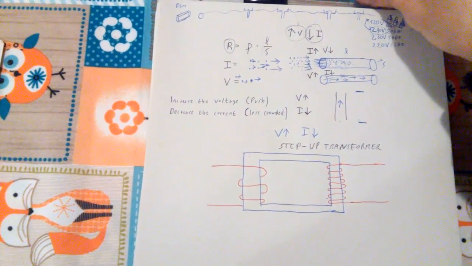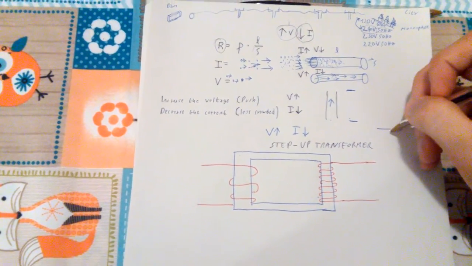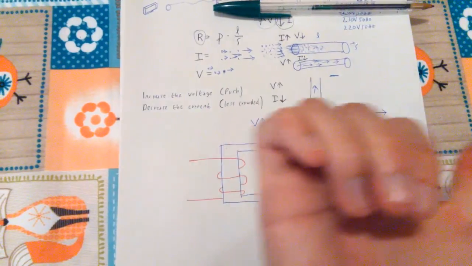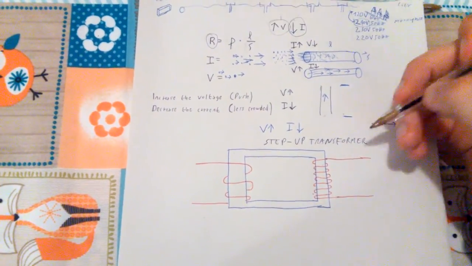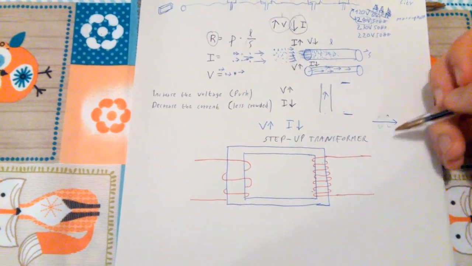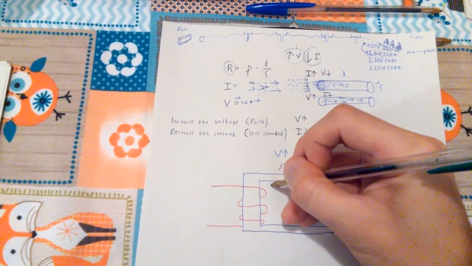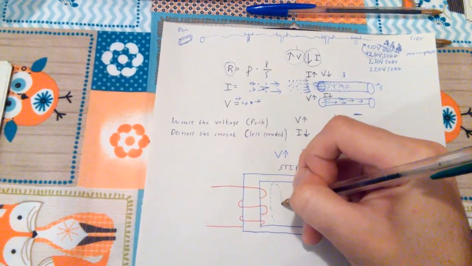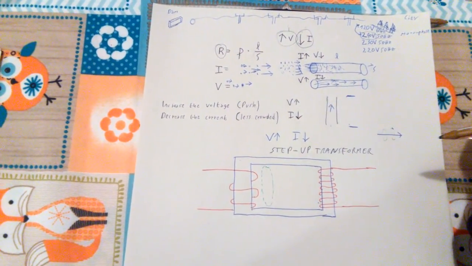If you recall, I said that when current flows through a wire in this direction, it's going to create a magnetic field around the wire, like so, because of Lenz's law. So here, we can imagine a magnetic field that is created by the current flowing.